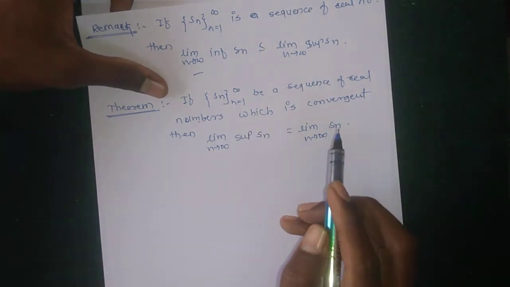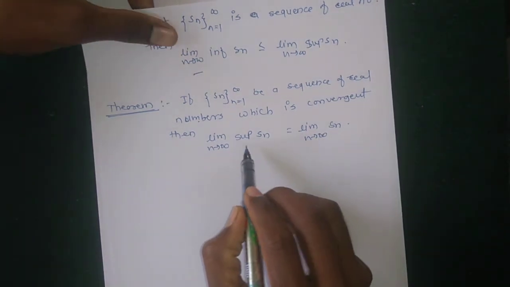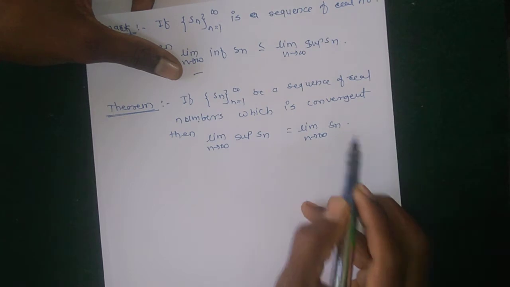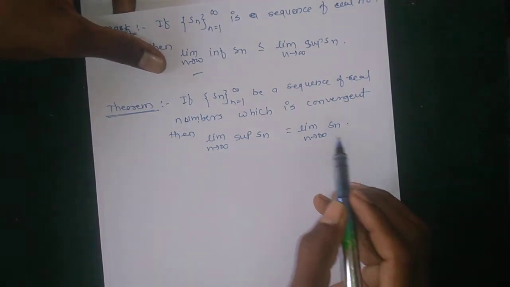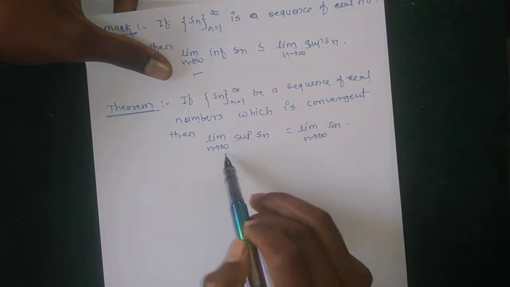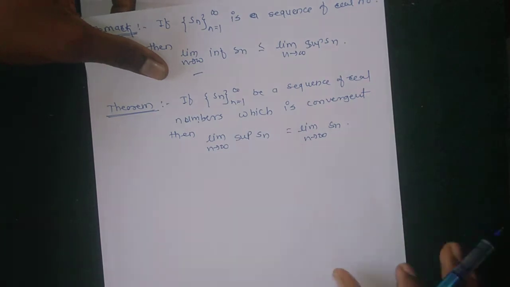If a sequence is convergent, then the limit superior is equal to the limit of the sequence, and similarly the limit inferior of Sn is equal to the limit of Sn.